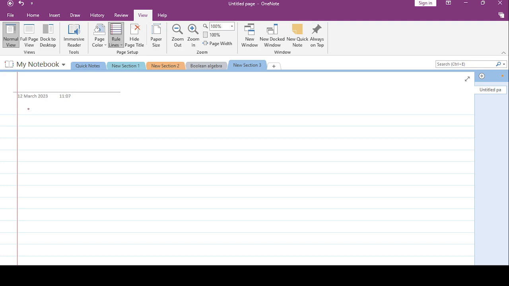Now suppose that we have a Fourier series expansion f(x) equal to a naught by 2 plus summation n varying from 1 to infinity a_n cos nx plus summation n varying from 1 to infinity b_n sin nx. Suppose that this function is a periodic function in the interval c to c plus 2 pi.